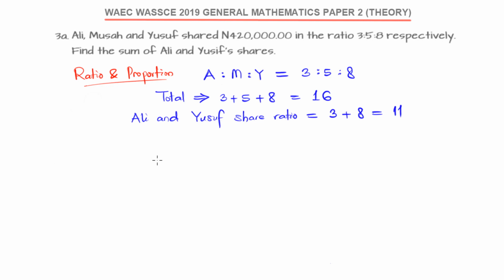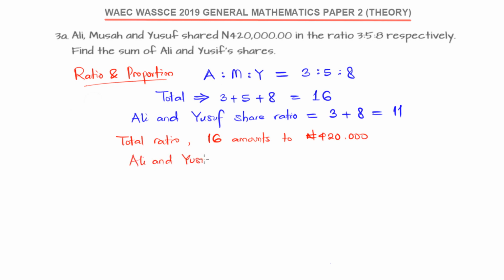So you can just do a simple relationship between the two, that the total that the 3 of them shared, that total ratio amounting to 16, amounts to 420,000, okay? But then we are looking for the amount that Ali and Yusuf share.